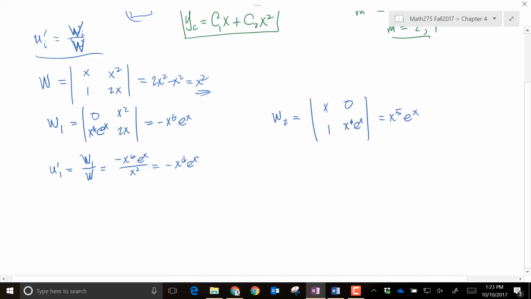Looks like a long-winded integration by parts. And then the other one, u2 prime, is W2 over W, which is x to the 5th e to the x divided by x squared, which is x to the 3rd e to the x. Another integration by parts. So, do you know how to do integration by parts?